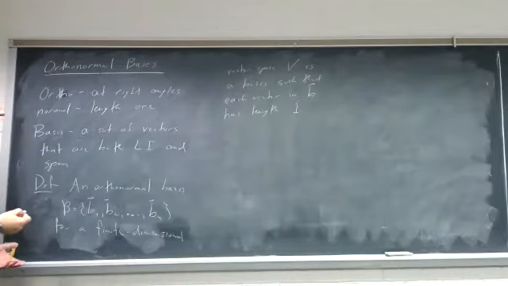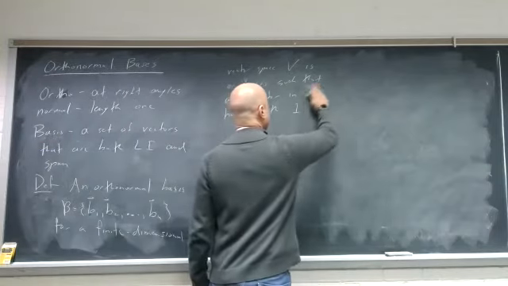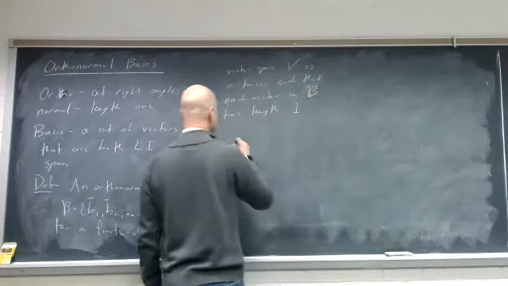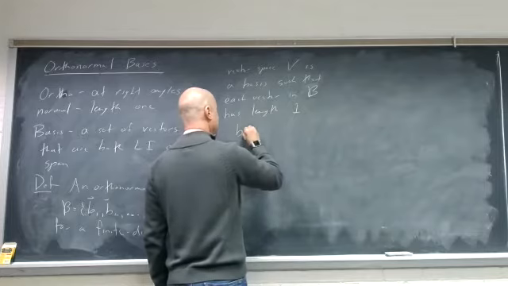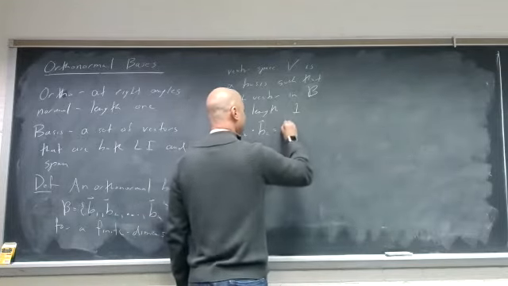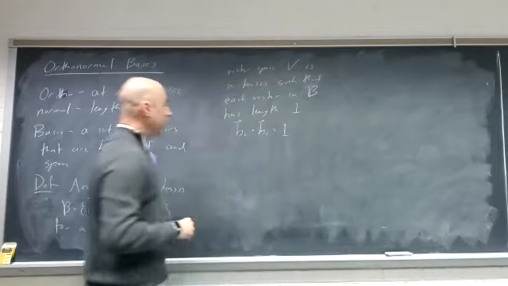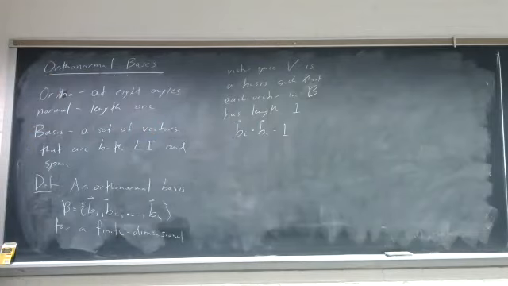Writing this out in symbols, we just say bi dot bi equals 1. Remember, if I take a vector and I dot it with itself, I get the square of its length.